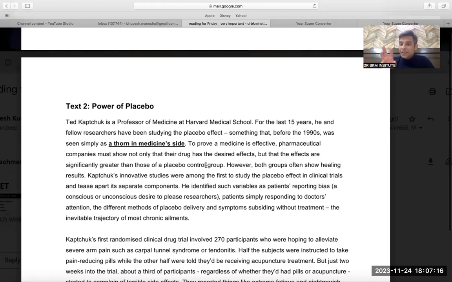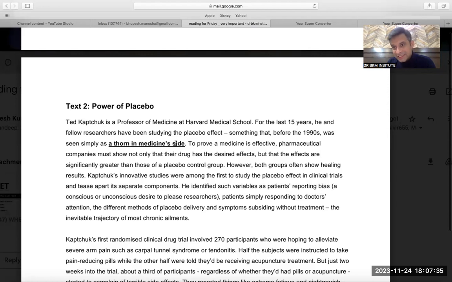So they are saying that placebo was a kind of thorn in medicine's side. That means placebo was a trouble for the scientists and researchers, because they had to show that their medicine is more effective than placebo.